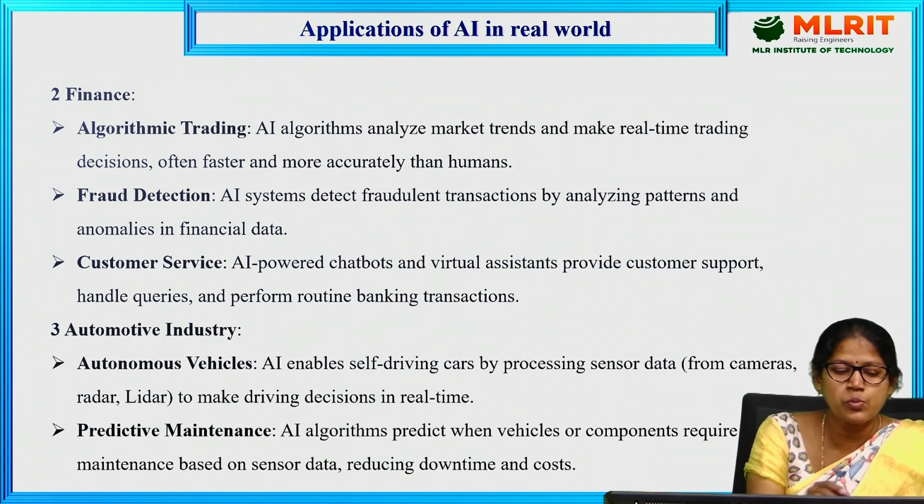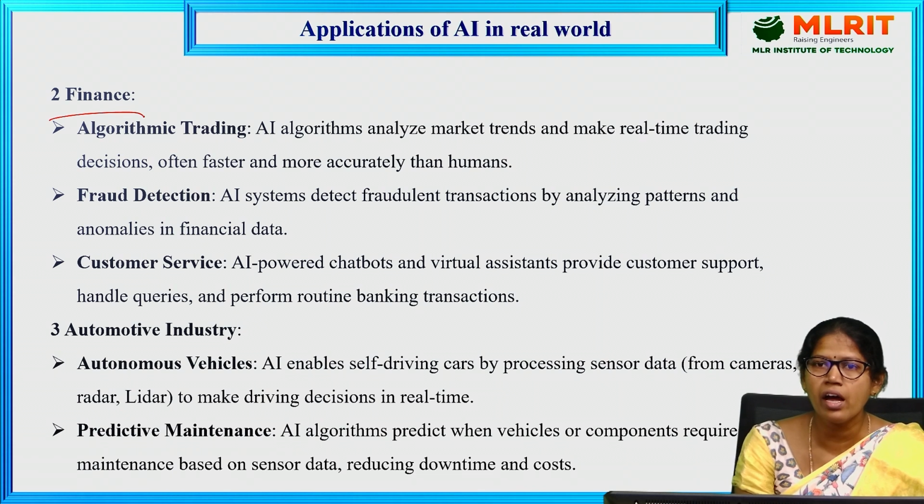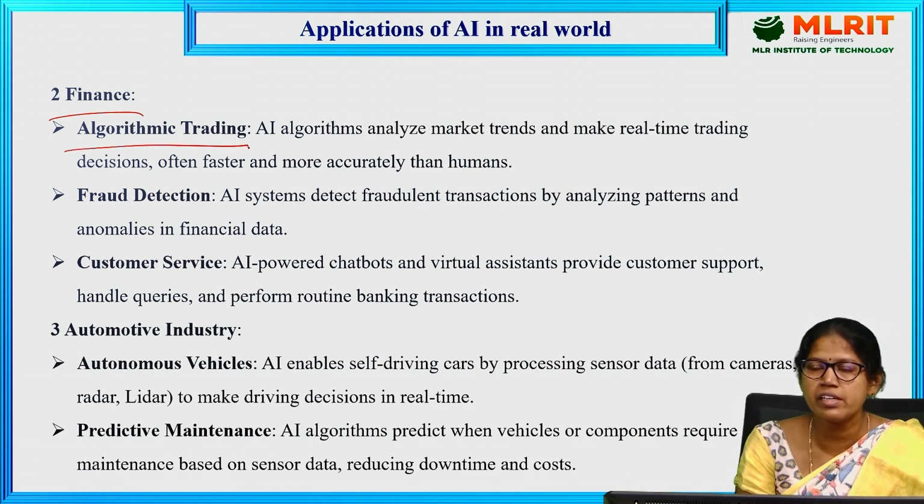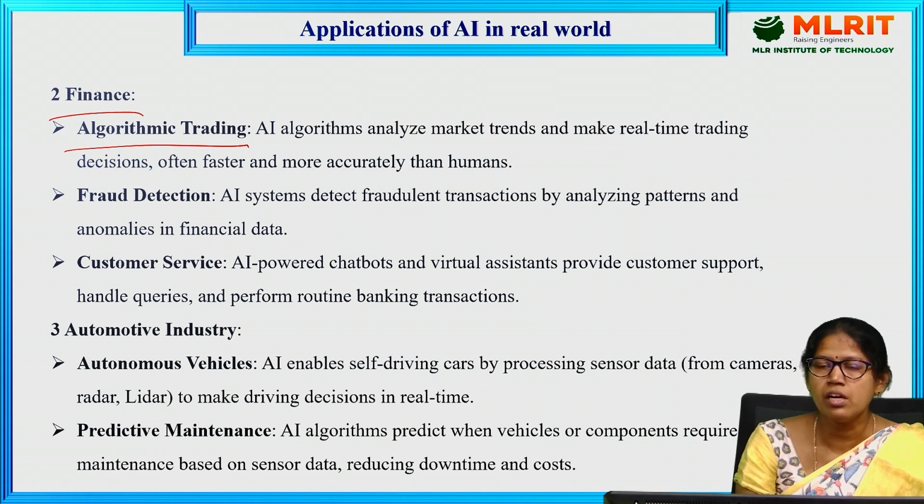Okay, the next one is finance. How is AI involved in finance? The first one is algorithmic trading. AI will observe the stock market and tell which products will have higher stock and which will have less. It will suggest to customers which to go with, because it observes all the patterns from the last month, last year.